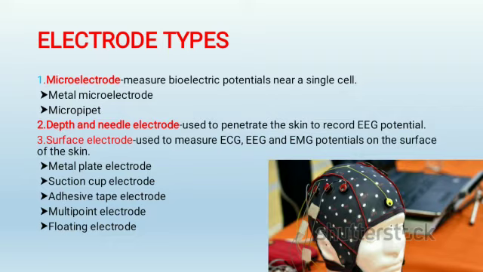Depth and needle electrodes are used to measure the bioelectric potential of a highly localized extracellular region in the brain, or bioelectric potential from a specific group of muscles. Surface electrodes are used to measure the potential available from the surface of the skin and to sense the potential from the heart, brain and nerves.